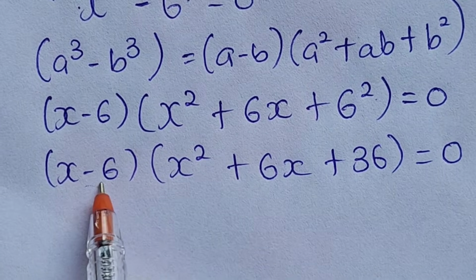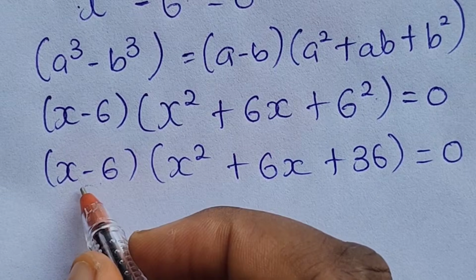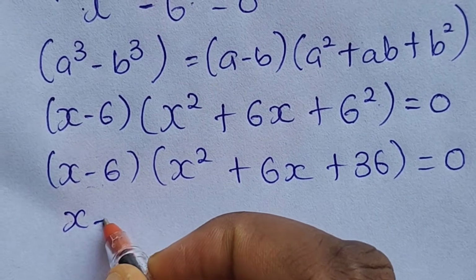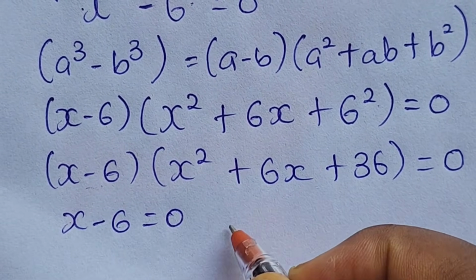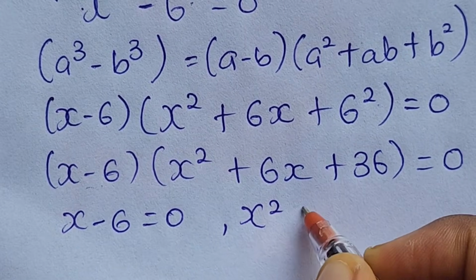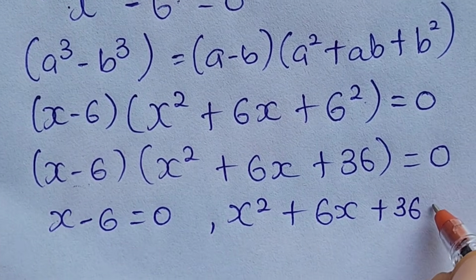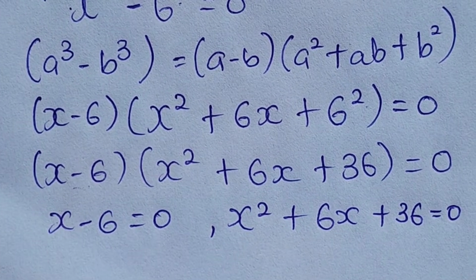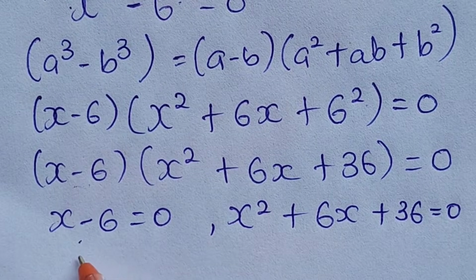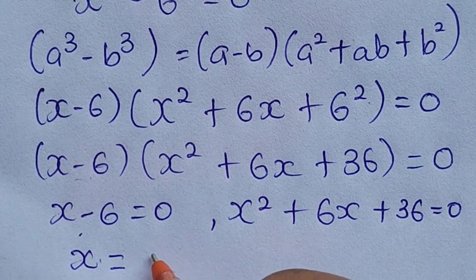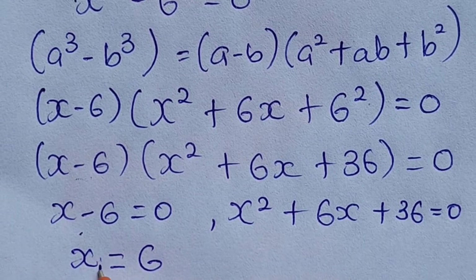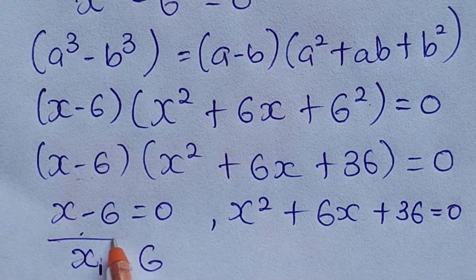So we have a linear equation and a quadratic equation. Here we have that x minus 6 is equal to 0 and x squared plus 6x plus 36 is equal to 0. So resolving this, we have x equal to 6. So we'll name this x1.